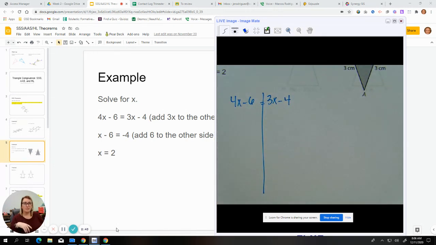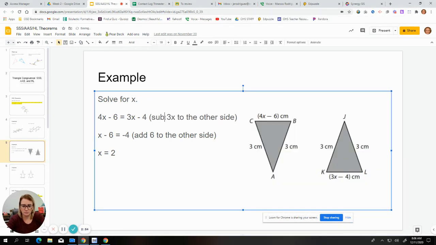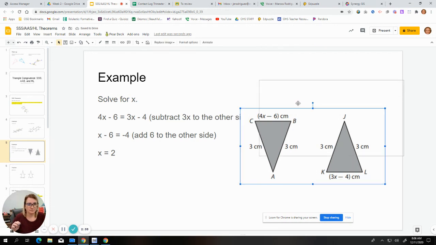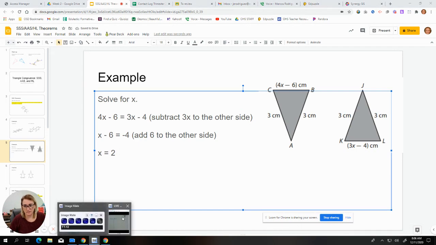Remember, there is this imaginary line that goes through the middle. And see, I've already even made a mistake on this one. On here, it should say subtract to the other side. Okay, subtract 3x to the other side is what we should be doing.